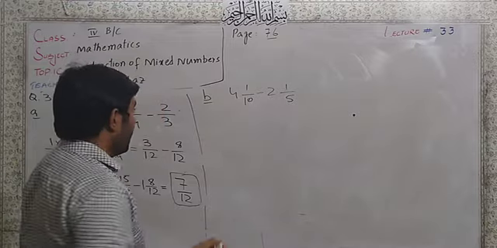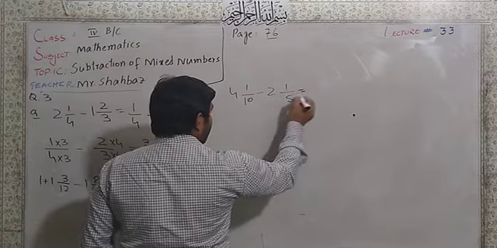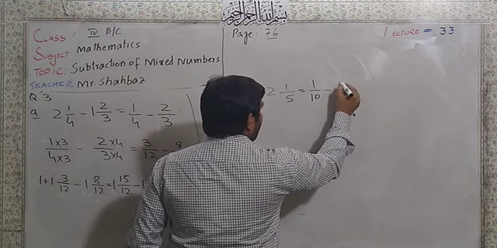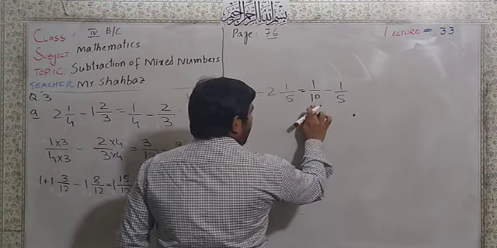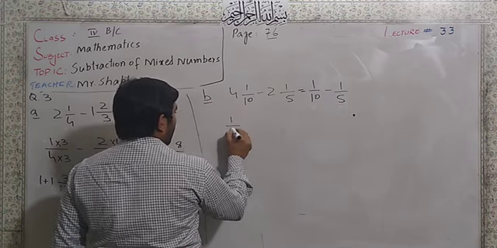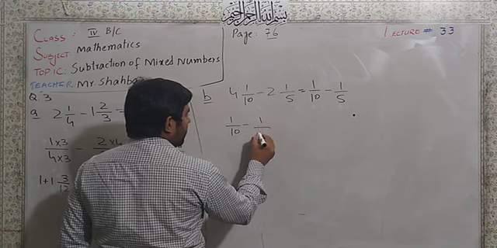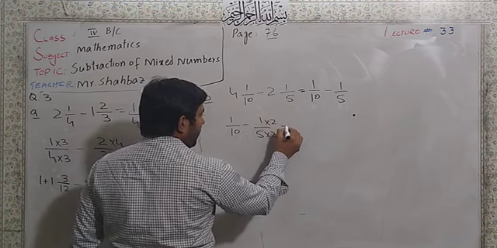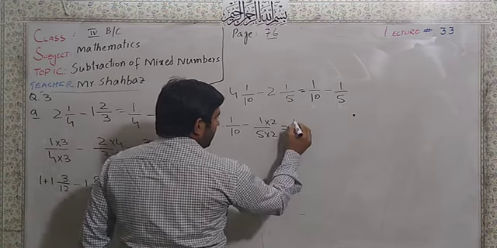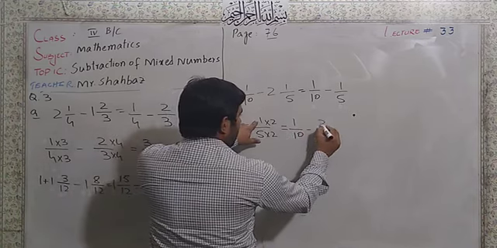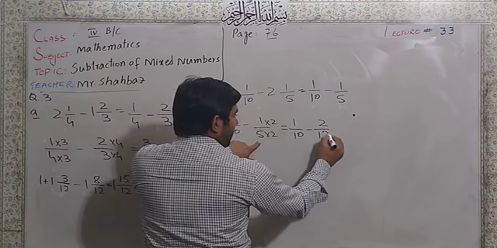Again, we will take the fraction 1 over 10 minus 1 over 5. This is 10. We will make this also 10. 1 over 5 multiply 2, it will be 10, also multiply 2 here. 1 over 10 minus 1 times 2 is 2, 2 times 5 is 10.